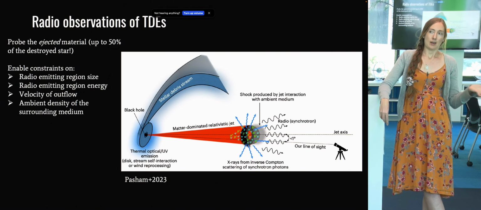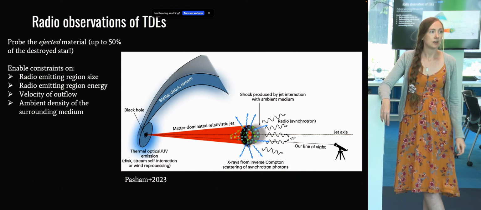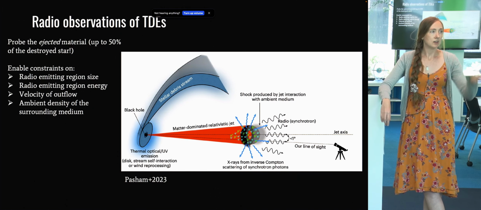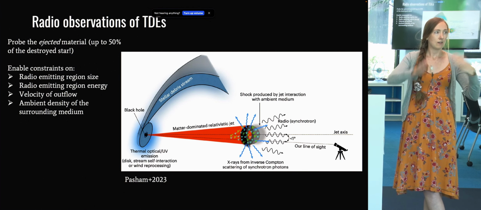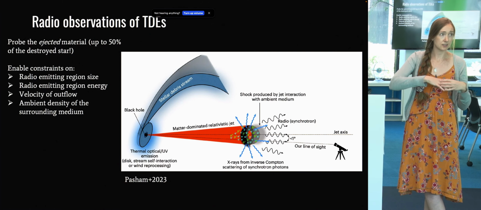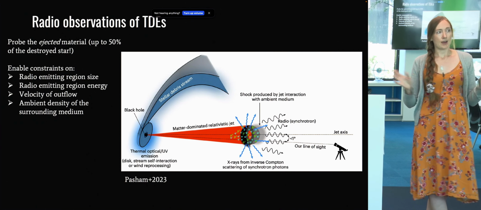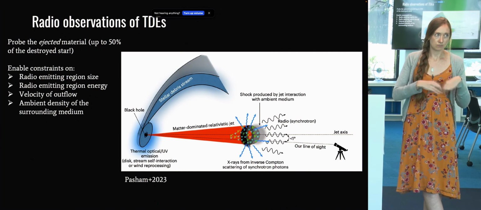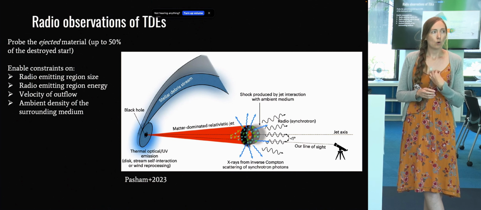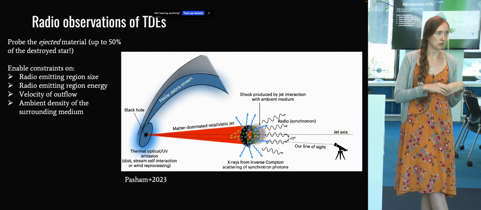But how do we do that? So we have this basic picture. This is the case of a jet, where you have the TDE that occurs, you have this stellar debris stream, and you have these shocks from collisions as the debris circularizes. So we have accretion occurring, so we can have outflows driven by accretion-induced winds or jets in the case of this one, or we can have outflows driven by collisions of that stellar debris stream.